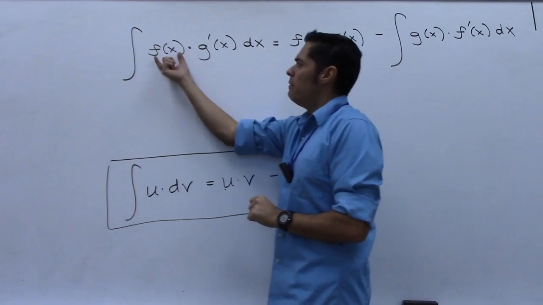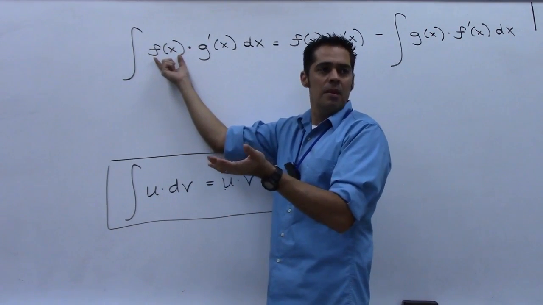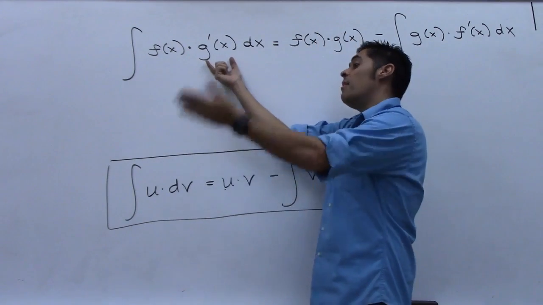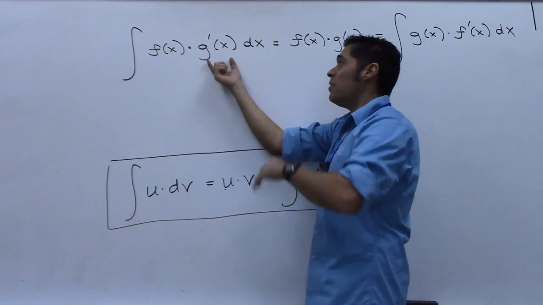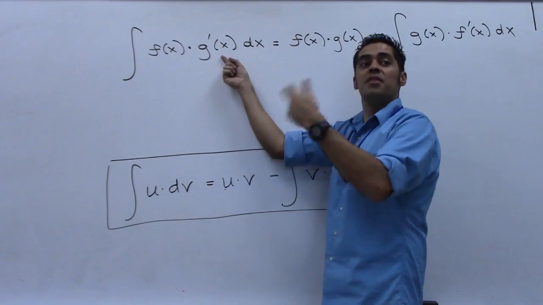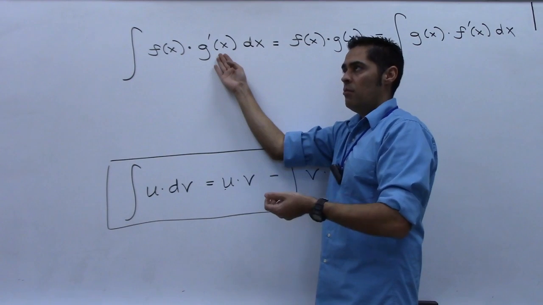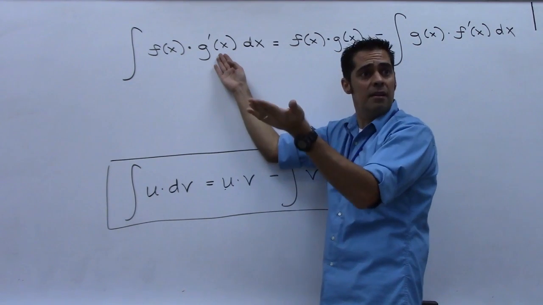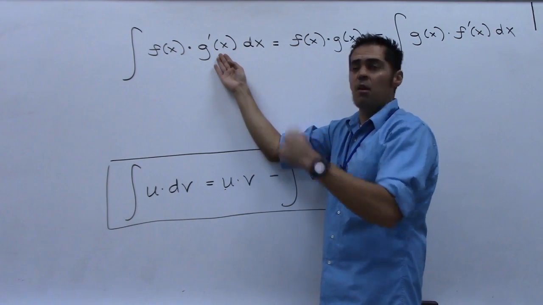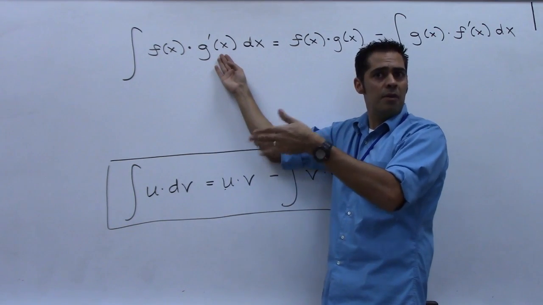You recognize some function of x. I don't know, x squared, sine x, whatever it is, right? And next to it, you see some other function of x that has nothing to do with this function. But you recognize that it is the derivative of something. Maybe this is cosine, which you realize is the derivative of sine. Or maybe this is x squared, and you realize that's the derivative of 1/3 x cubed.